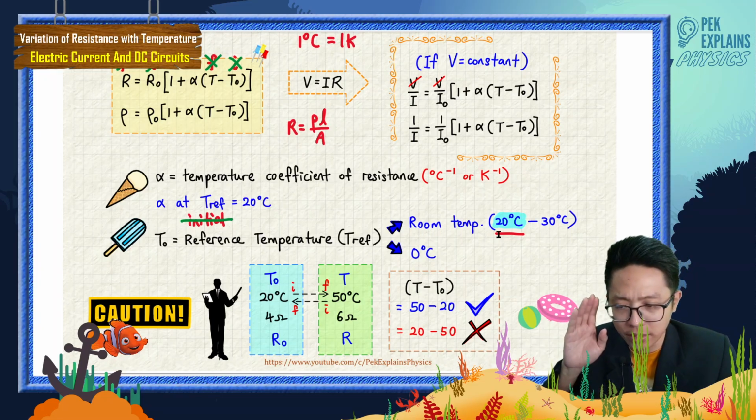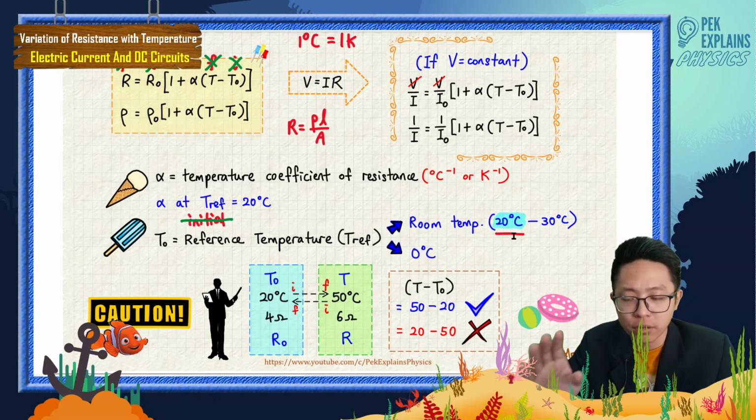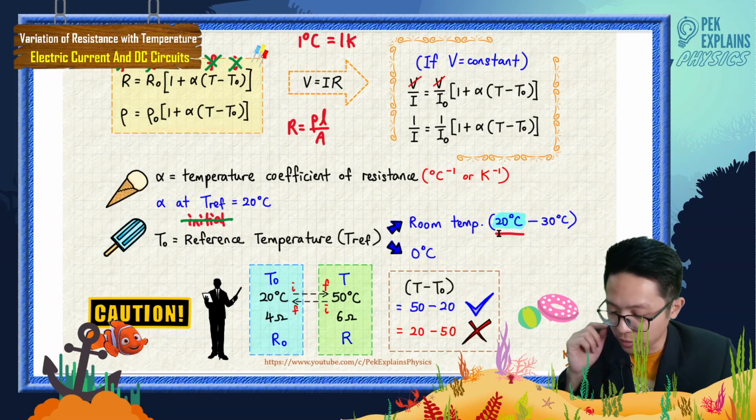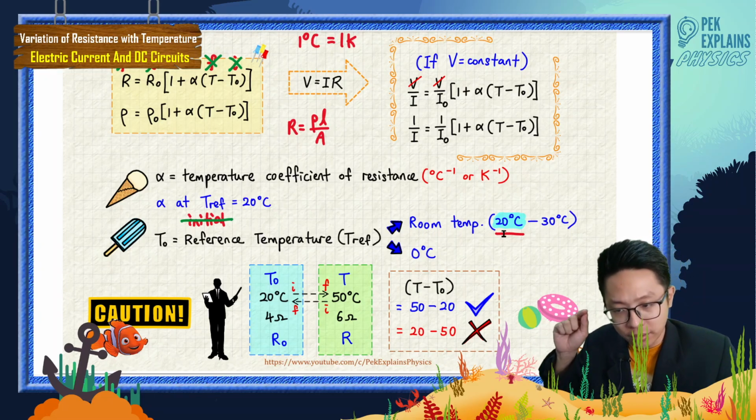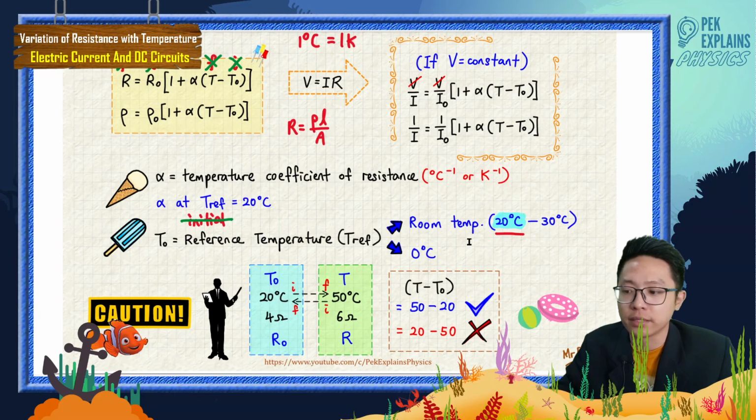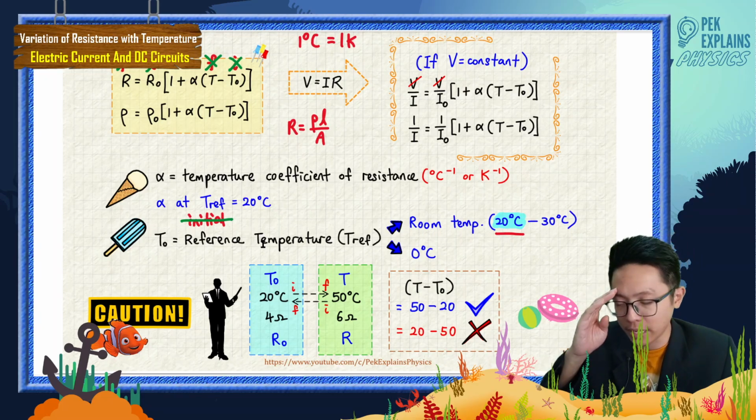As long as one of the temperatures in the question is 20 degrees Celsius, you straight away put the 20 degrees Celsius as the T naught, as the reference temperature. No need any more thinking.